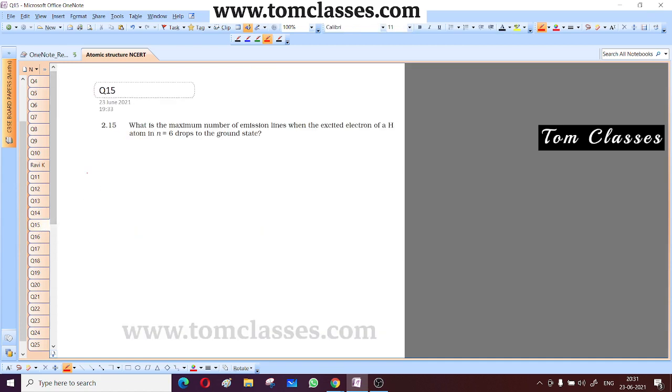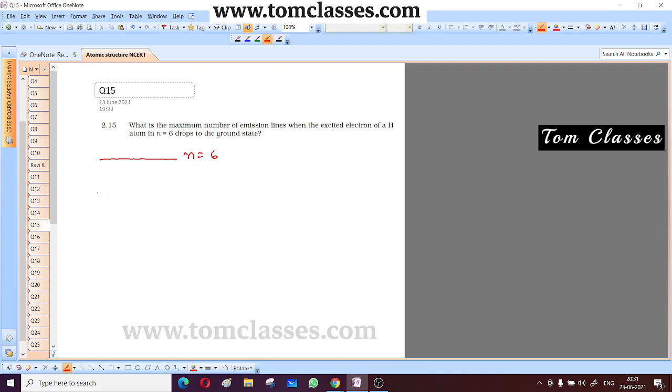Okay, what is the maximum number of emission lines when the excited electron of a hydrogen atom in n is equal to 6 drops to the ground state? So if it is dropping to the ground state, what is the maximum number of lines emitted? Let's try to answer this question. Here it is given that n is equal to 6, and then there will be energy levels.